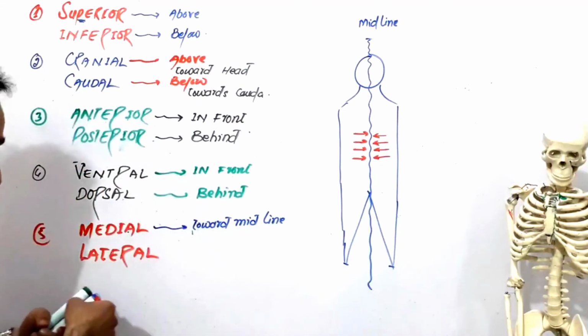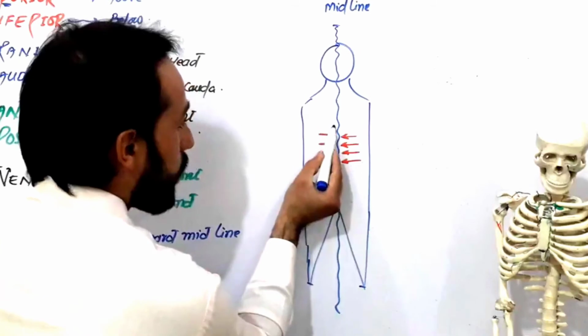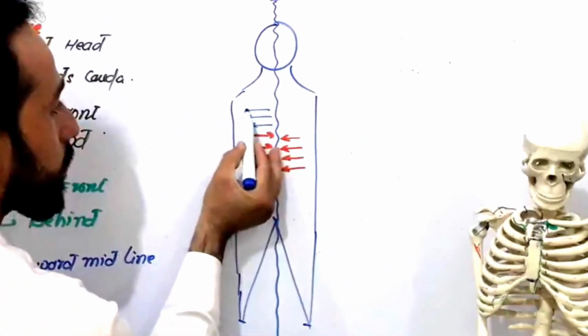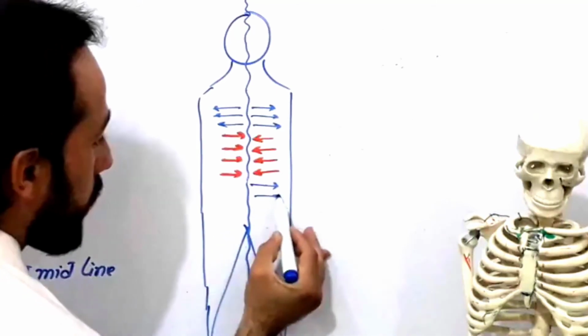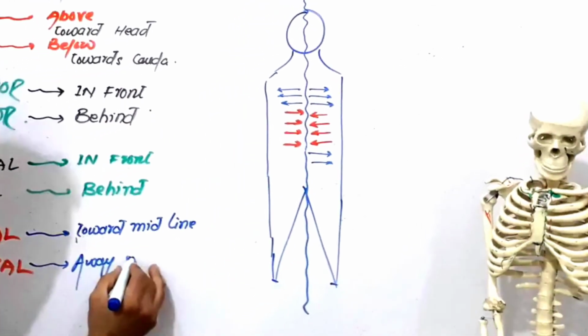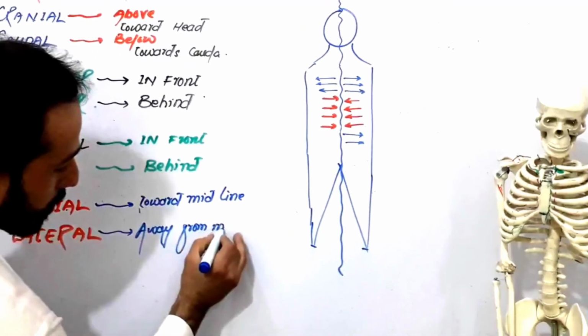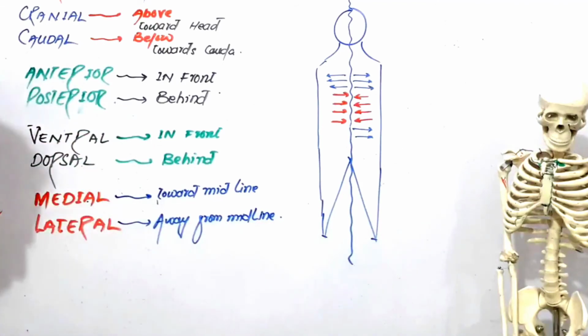And lateral means when you are going away from midline, this is called laterally, right? This is called lateral. So lateral means away from midline. This is called lateral, right, friends?